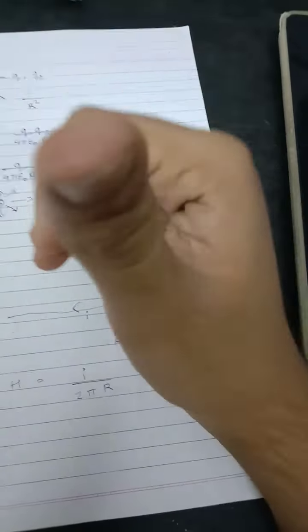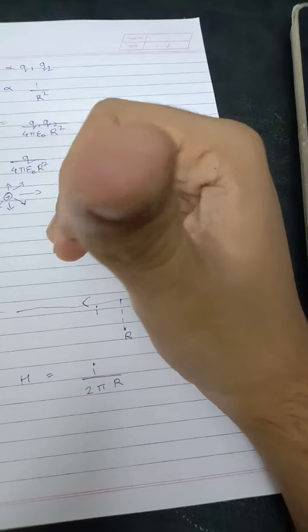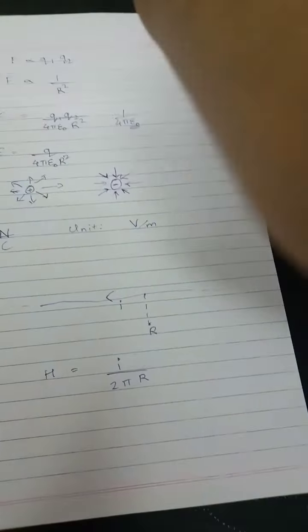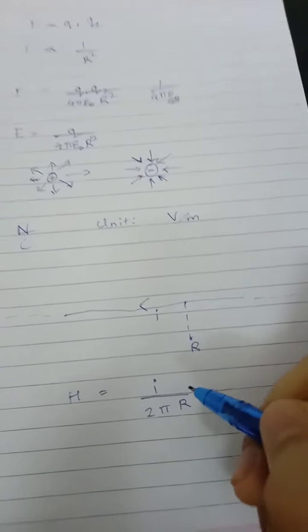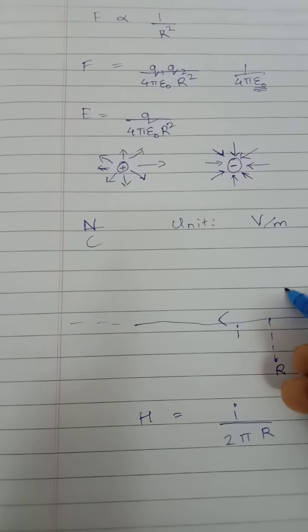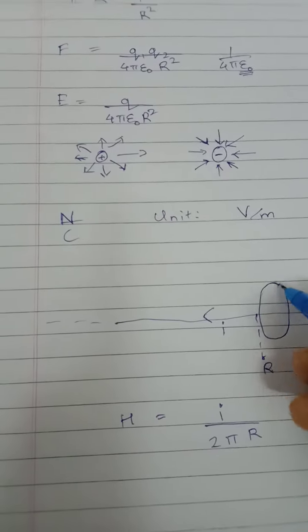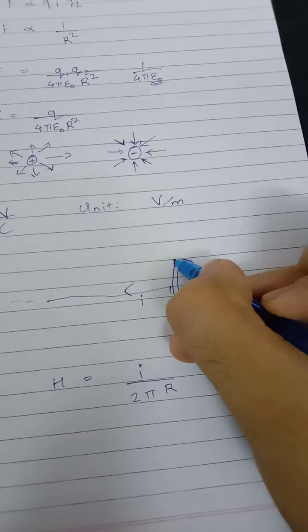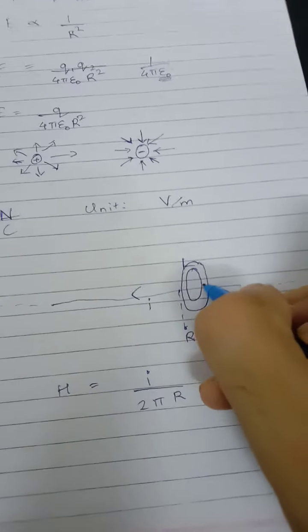So if I see from the point in which the current is coming inside, the magnetic field is going to be anti-clockwise, and if I look at it from the other side, where the current is going outwards, the magnetic field is going to be clockwise. If I were to draw the magnetic field lines over here, they would look something like this, and the direction would be, according to the right hand thumb rule, this.